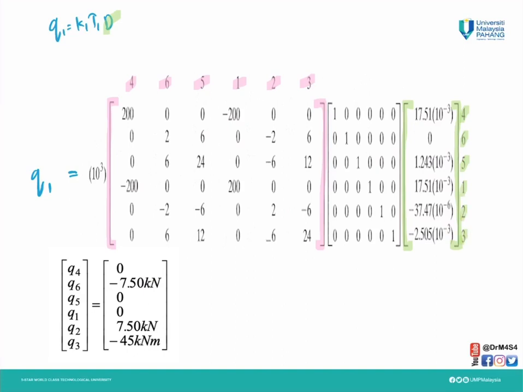And then for transpose matrix T1, you need to find it out here. This is transpose matrix. And finally, by solving this matrix, we will get Q4, Q6, Q5, Q1, Q2, and Q3.